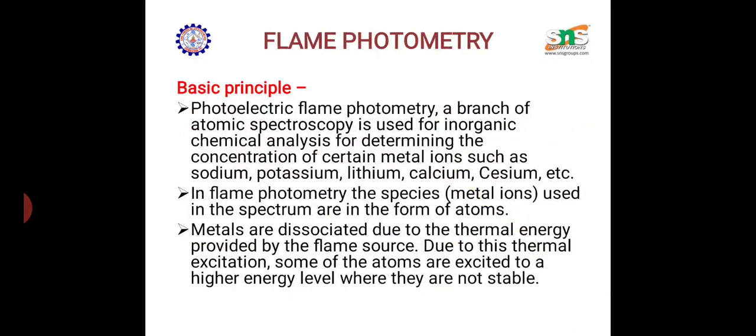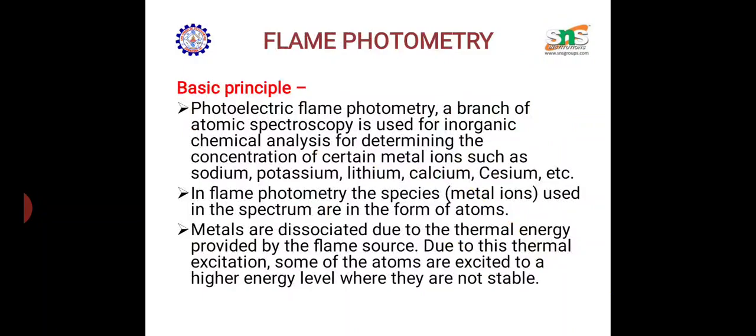In this, the concentration of certain inorganic metal ions can be identified. The species used here is in the form of atoms. These atoms, by absorbing thermal energy, will go to an excited state.